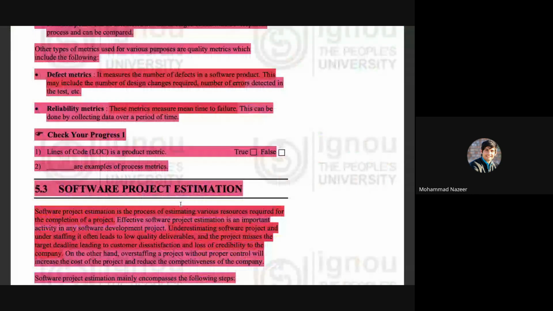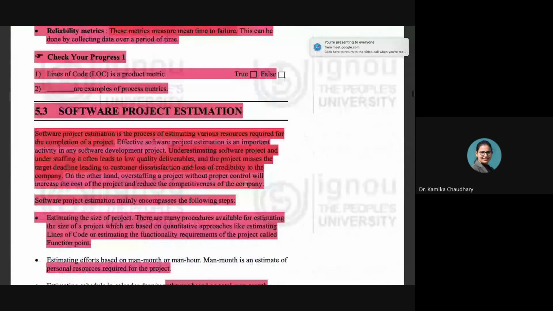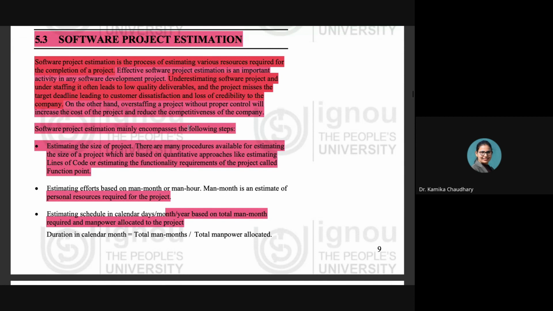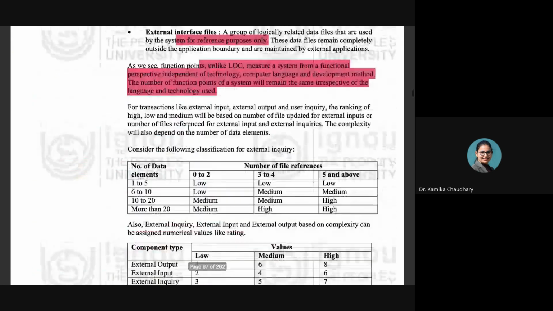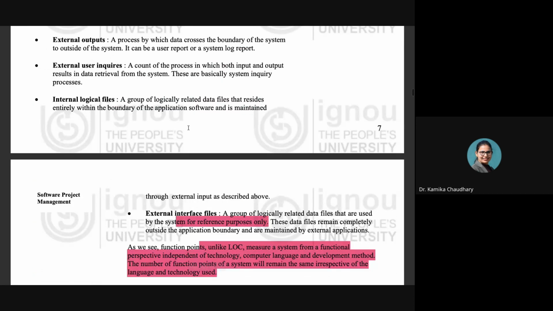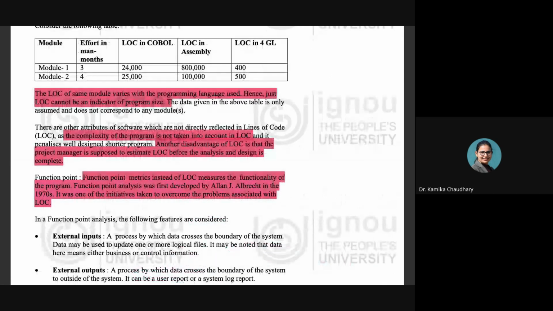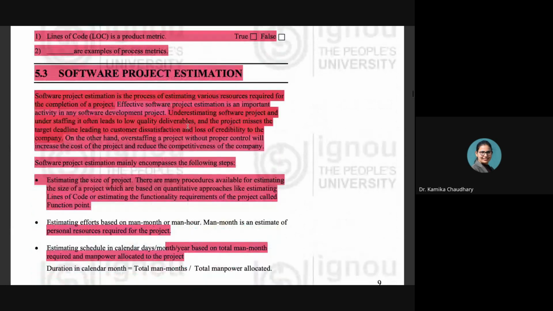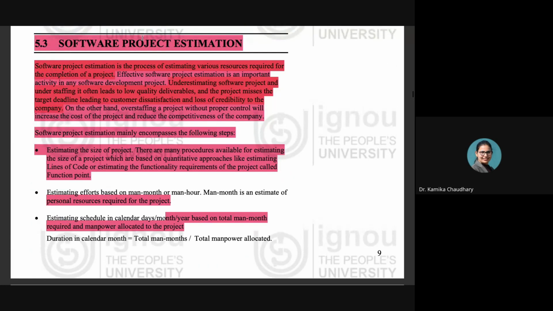Okay. So now we are going to go on to our next topic, which is going to be software project estimation, right? Till now, we were just studying about the matrices, which are again used for measuring the productivity or the quality of the software. Now we are going to go to our next part, which is the software project estimation.